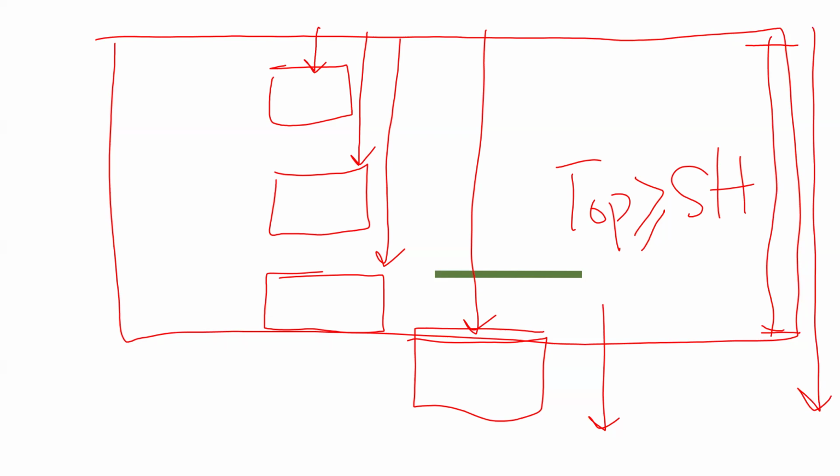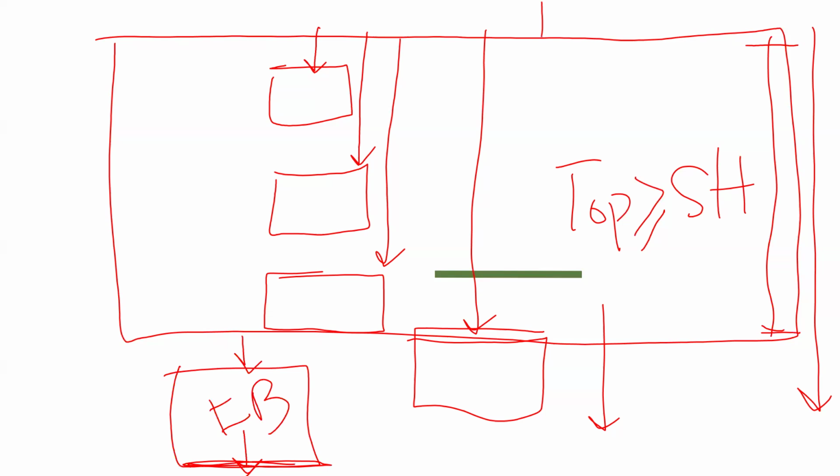For us to bring it back to the top of the screen, we need to do something to its top. Sorry, not its top, its bottom. Because this is its top, I need something to happen to this bottom side, this lower side of the fireball. I need it to come out at the top here. Remember, it will look like this when it is coming back from the top.